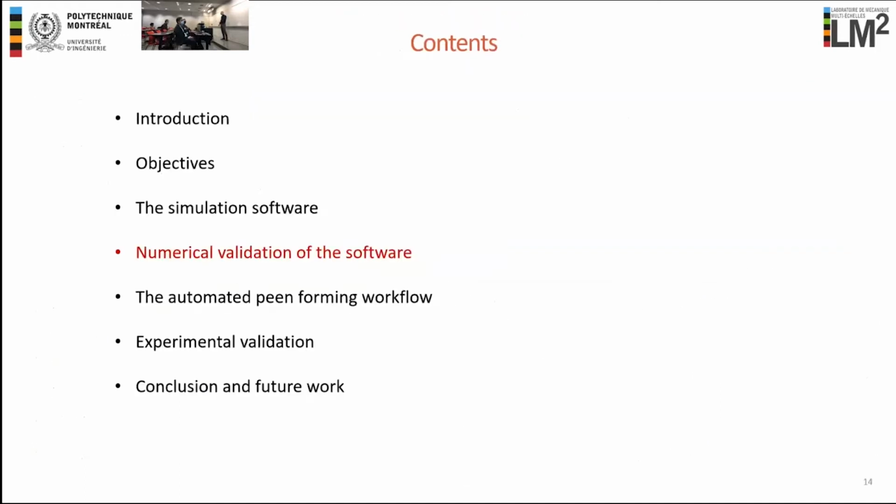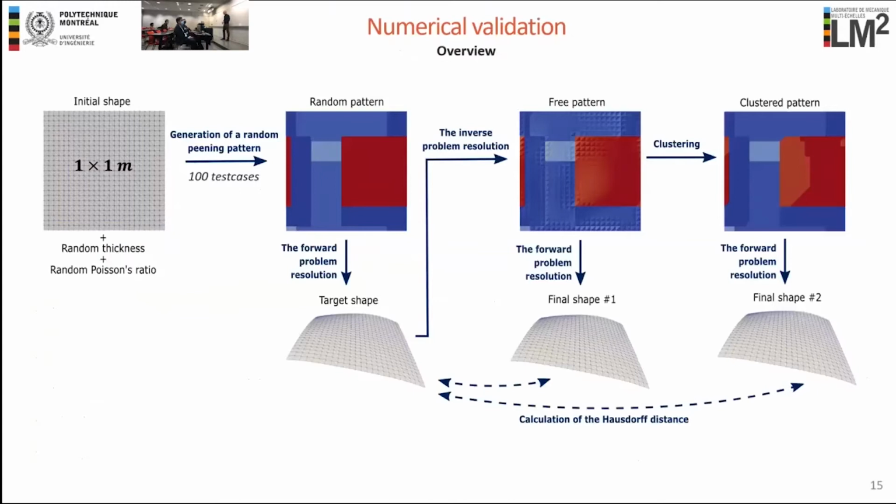Good. Let's move to the numerical validation. Our strategy for the numerical validation was the following. We fixed an initial shape of the component as a square plate, 1 meter by 1 meter. Then we assigned it a random thickness and random Poisson's ratio, and we generated a random peening pattern. In this way, we generated 100 different test cases.